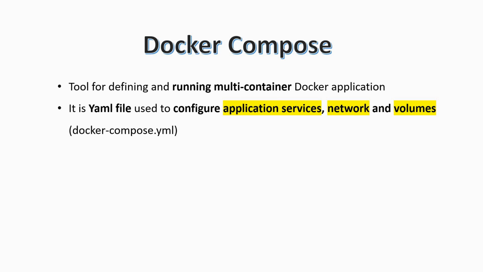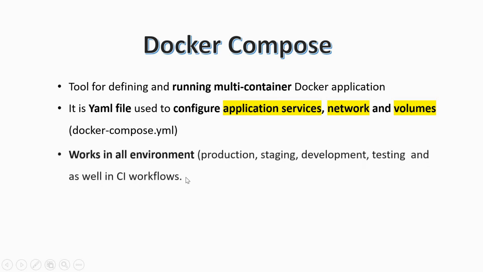And what are the three building blocks that this docker-compose.yaml is composed of? You have to remember that it is composed of application services, networks, and volumes. These are the three building blocks that make up the docker-compose.yaml file. The extension can be .yml or .yaml, both will work.